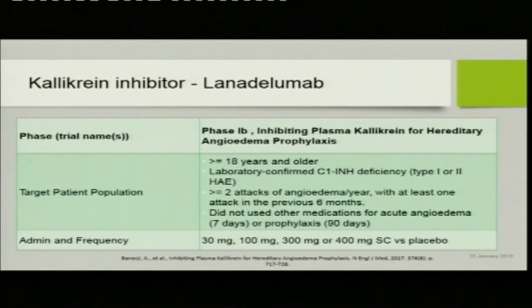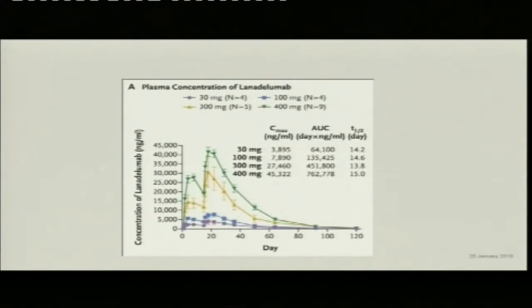Instead of giving all these medications twice a week, either subcutaneously or IV, this one you give as only 1 injection every 2 weeks. So it has a longer duration, and you don't have to give it too frequently. They did a dose-ranging trial and found that all the doses have the same half-life.